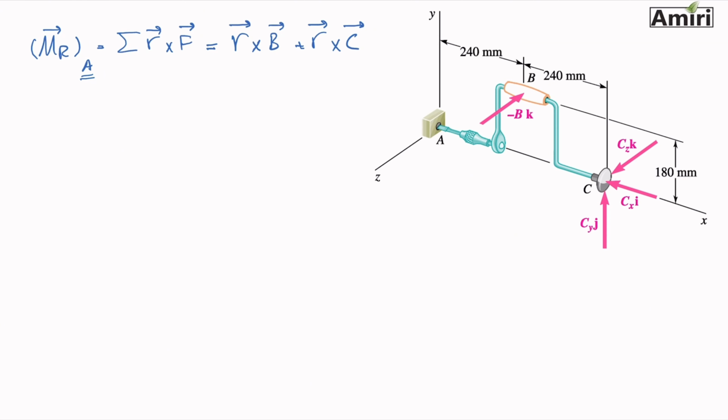So in the first case, it goes from point A to line of action of B, which is point B. For the second one, it goes from point A to line of action of C, which if I take point C, all of these forces, the line of action crosses from point C. So I'm just going to take it as AC.